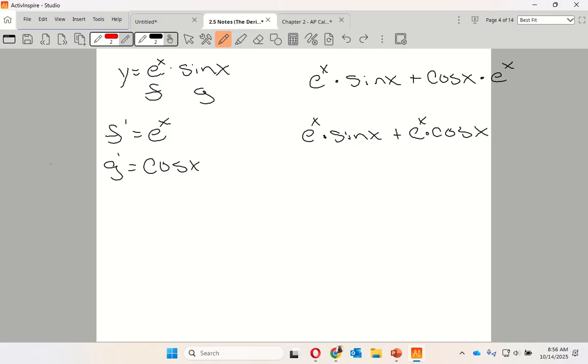Say no. Can I factor something out? Do they have a common factor? Yes, I'm going to take that out. So that's going to be e to the x times quantity sine x plus cosine x. Now, if I were to take the second derivative of this, I could just do this, and using one product rule, it would still work. So I'm trying to save myself a lot of headache later on.